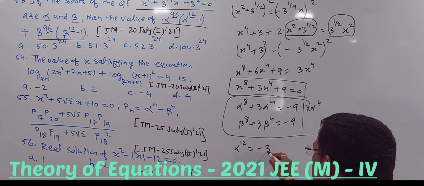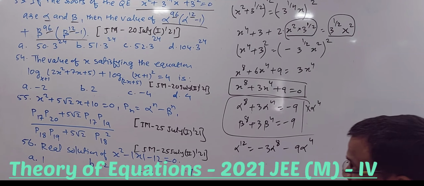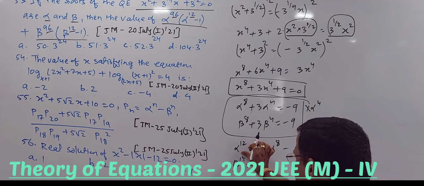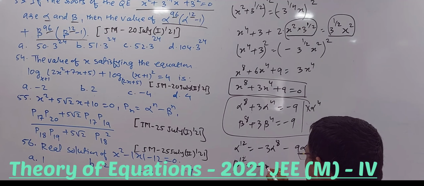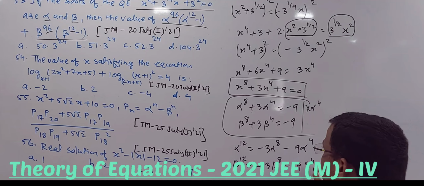So minus 3 alpha power 4 times alpha power 4, that is alpha power 8, and this is minus 9 alpha power 4. Similarly, beta power 12 will be equal to minus 3 beta power 8 minus 9 beta power 4.